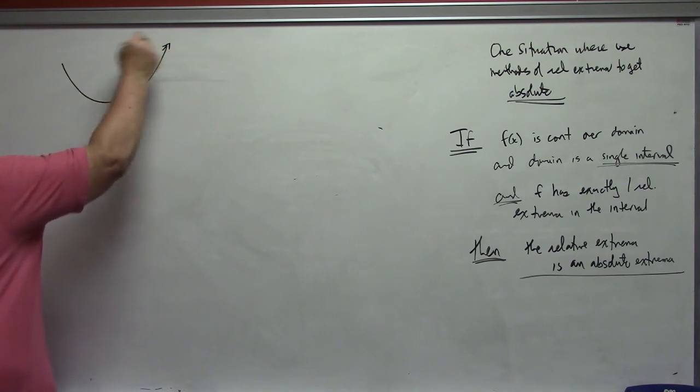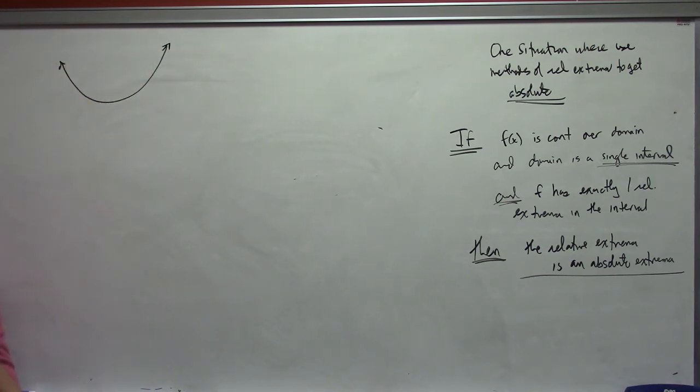For example, the simplest case is something like a parabola, the graph of a quadratic function. Now this does not satisfy the conditions for EVT, but we know from college algebra that this has a single absolute max or absolute min, depending on the direction the parabola opens.